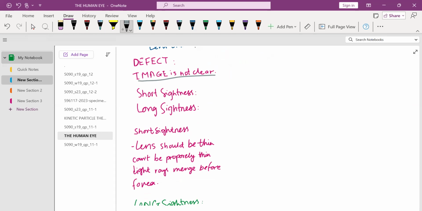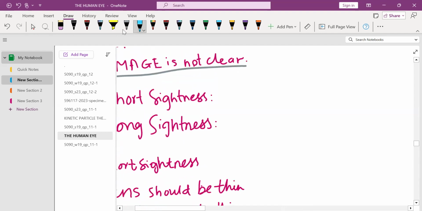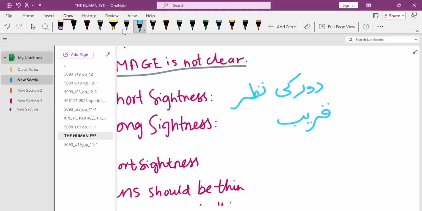For your ease, short-sightedness means दूर की नजर and long-sightedness means करीब की नजर. I think it's much easier to remember these two terms using the Urdu terminology.